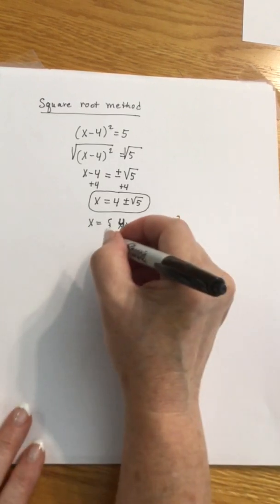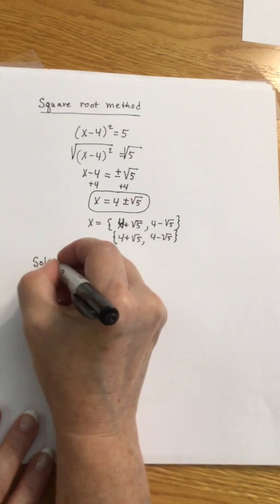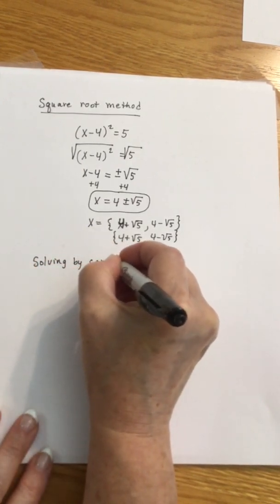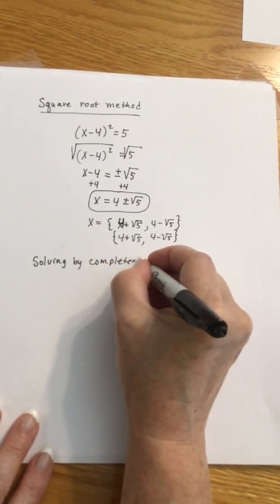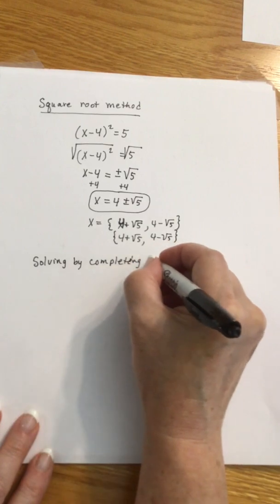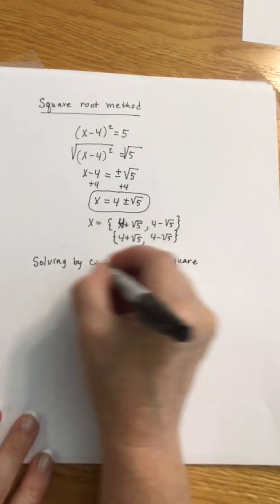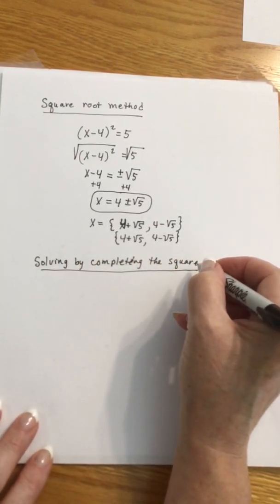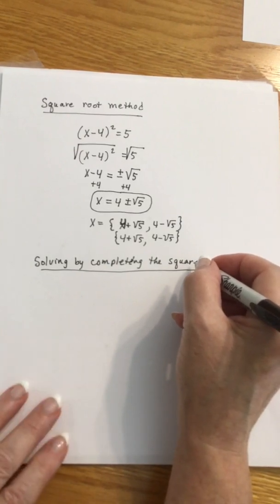The next one we're going to look at is solving by completing the square. Now, completing the square is a concept that we're going to use in a lot of things, so it's important for us to know the steps.